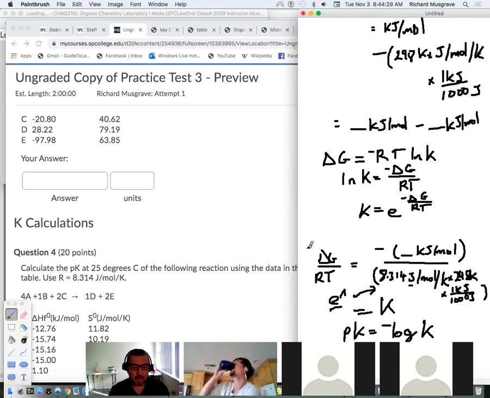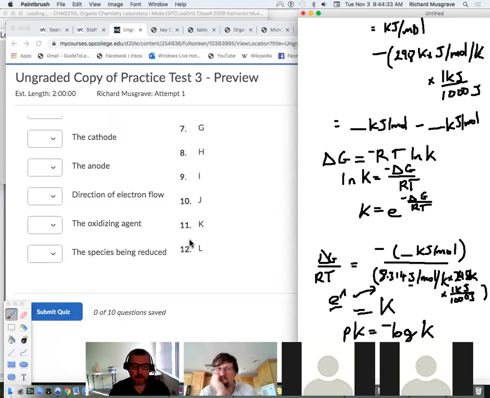Now, you might be saying, what if I make a mistake and I put a positive instead of a negative? Well, I've given you plenty of time here, and down the bottom of the test you take, there's actually a space for you to put your work. So I'd recommend putting your work down there. A lot of people don't like doing it. They think it's a pain, and they think they should just be able to take a picture of their work and send it to me.